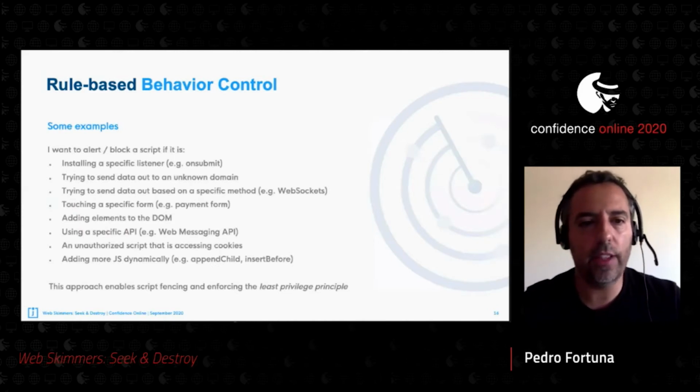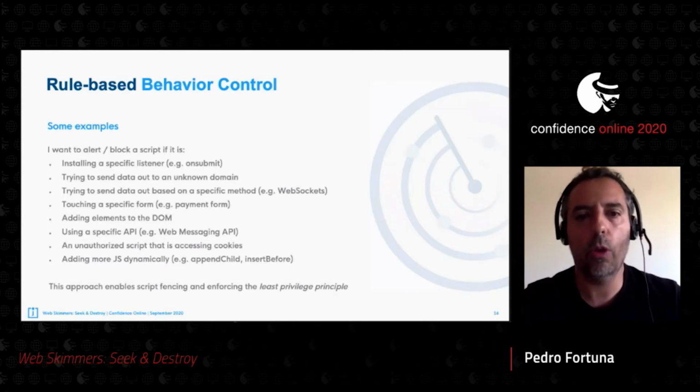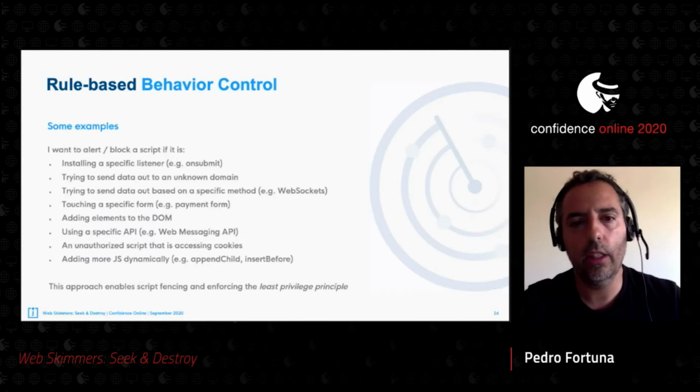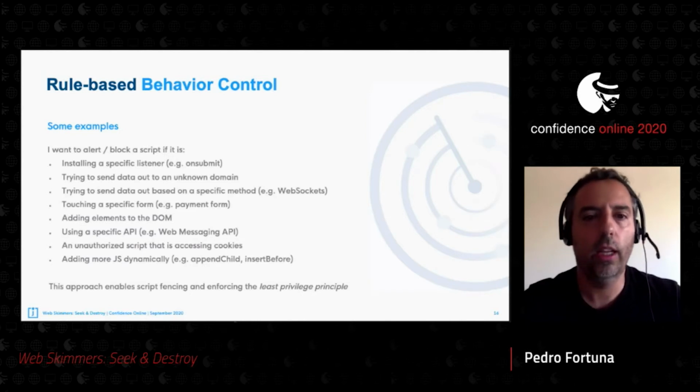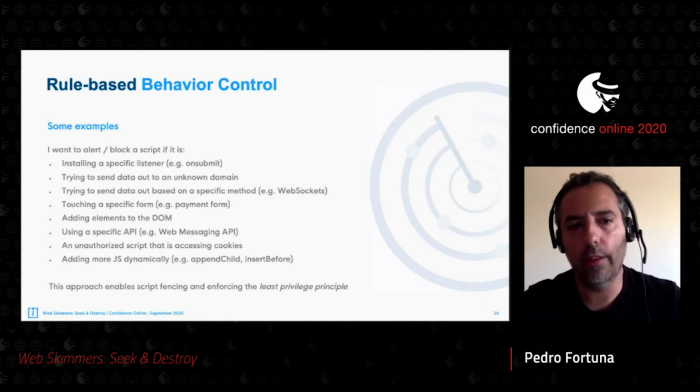To give you a few examples, we can alert or block a script if we see it installing a specific listener, like on-submit. If you're using third-party code, you more or less know what it should be doing and whether it should be touching forms, and you can create rules to make sure that your expectations are met. We can block sending data to unknown domains, or using a specific method like WebSockets, or a JavaScript file touching a specific form like a payment form.